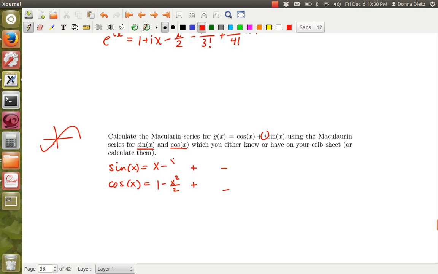So then we'll have x cubed over 3 factorial, x to the 5th over 5 factorial. Okay? Okay, that should work. Now we want i sine, so we're going to put an i in front of every single thing we have. But it says calculate the Maclaurin series for g of x. It didn't say calculate the Maclaurin series for cosine of x and i sine of x. It said add them. So we add them.